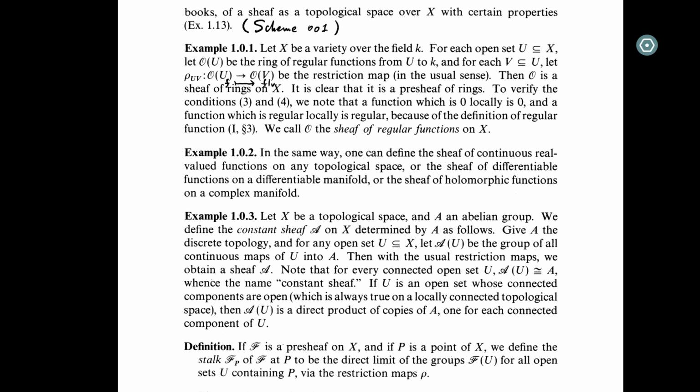It is clear that it is a pre-sheaf of rings. To verify the conditions, we just need that a regular function which is 0 locally is 0, and a function which is regular locally is regular.